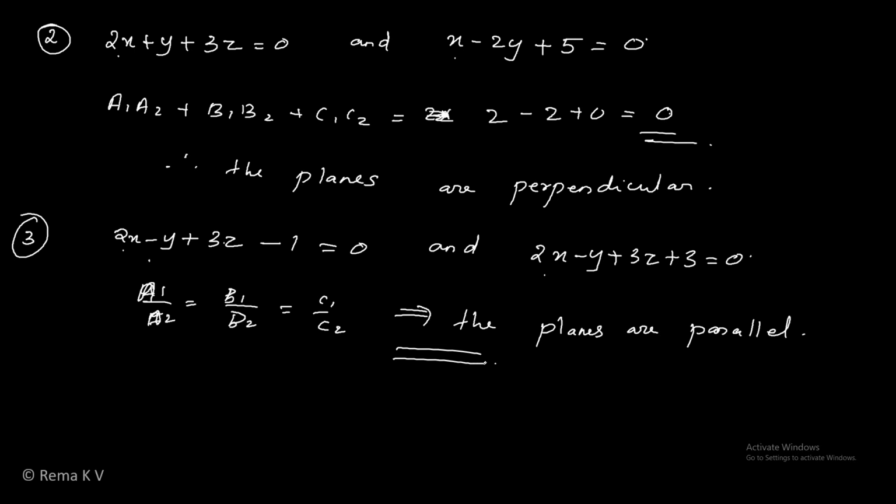So these are the conditions for two planes to be perpendicular or two planes to be parallel.